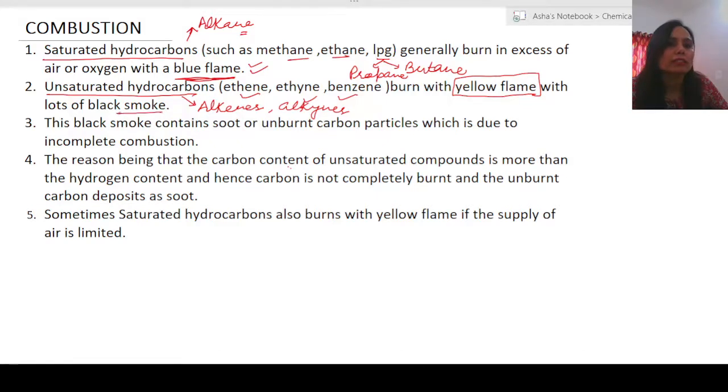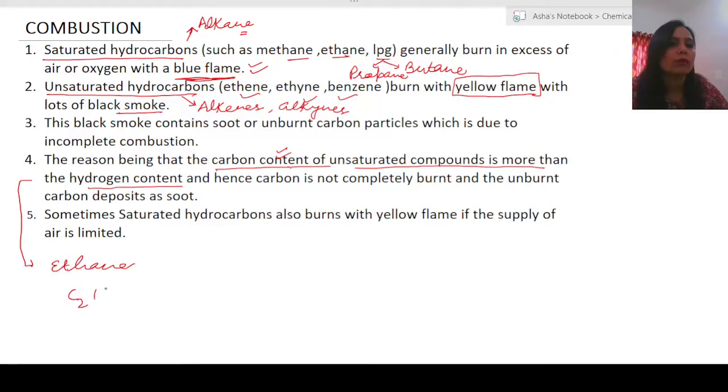Now why is it so? See, in case of the unsaturated carbon compounds, the carbon content is always high as compared to the hydrogen content. Like for example, first I am writing alkane, ethane, let us say.